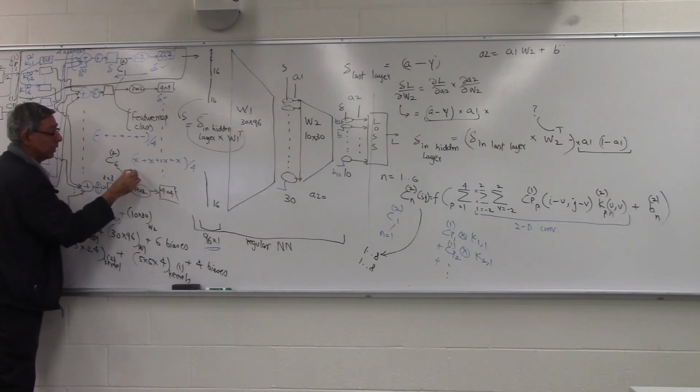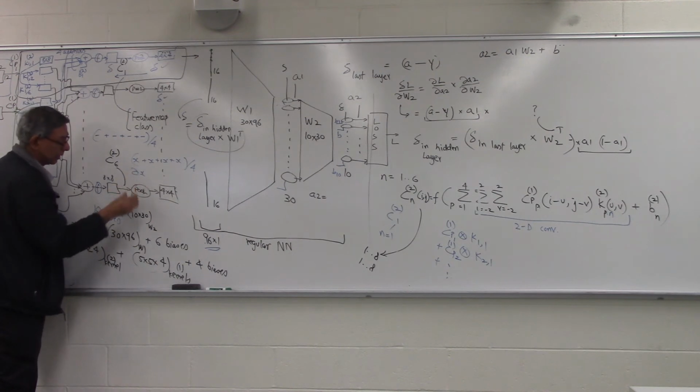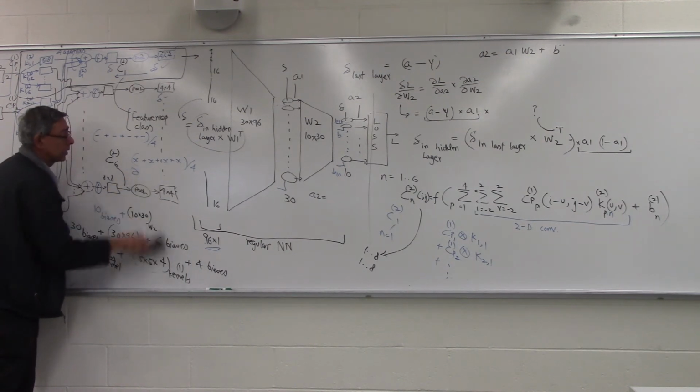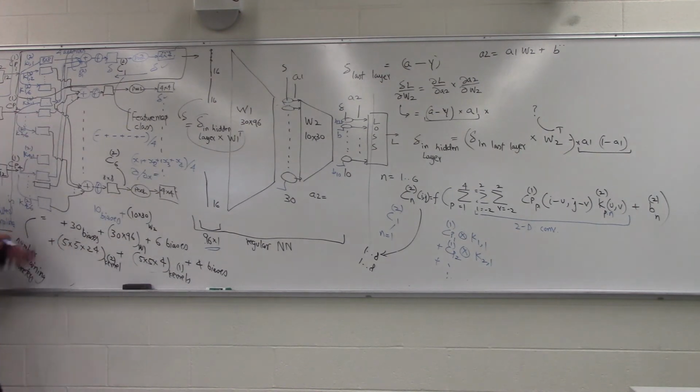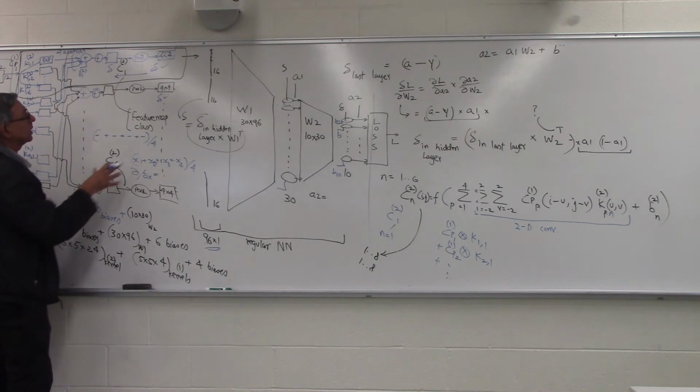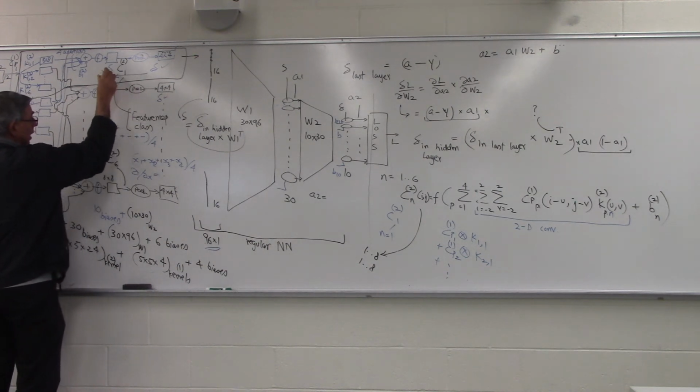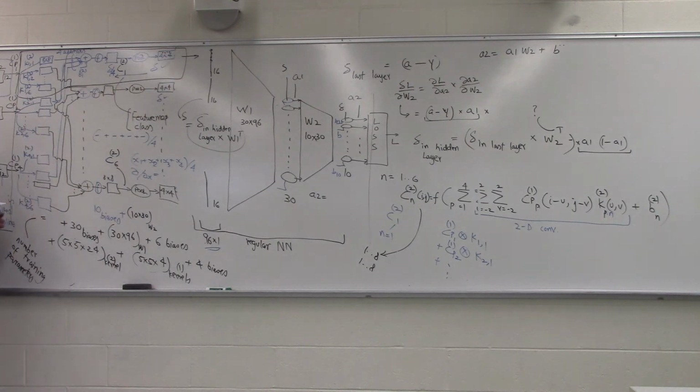If I did partial by partial x, so let's make it x1, x2, x3, x4, basically what happens is this delta is essentially 1/4 of the delta over here.